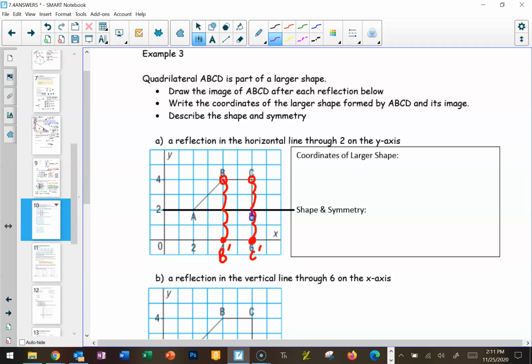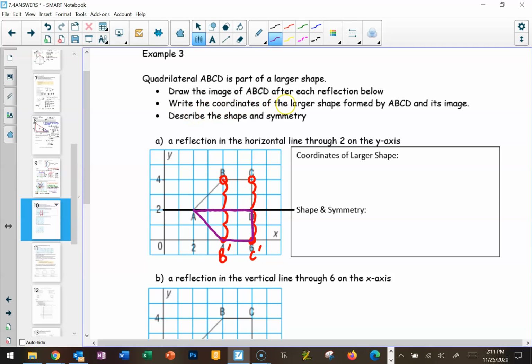Okay, so our symmetrical shape, and I'm just trying to do my best to freehand it, but I should be using a ruler. So there is our reflection of the ABCD polygon about the line of symmetry, which is y equals 2.